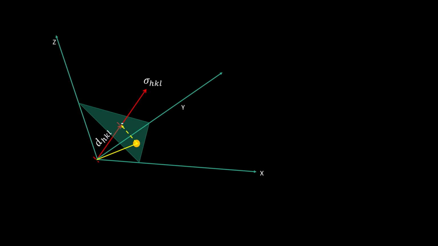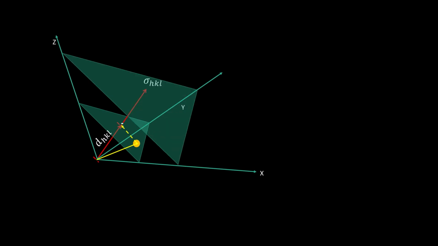Whichever point you choose on this plane, the projection of the position vector of that point will always be at this point. So this projection vector is a constant, independent of the point that you choose on this plane. This projection is basically the distance of the plane to the origin, or in other words, the spacing of the plane, and we represent it by the symbol d_hkl.